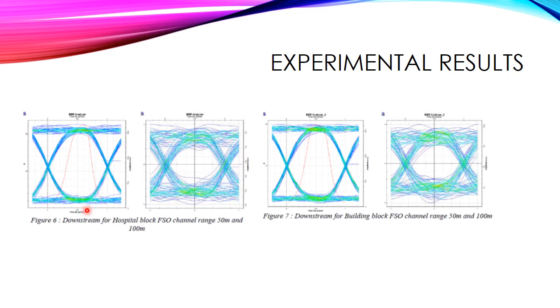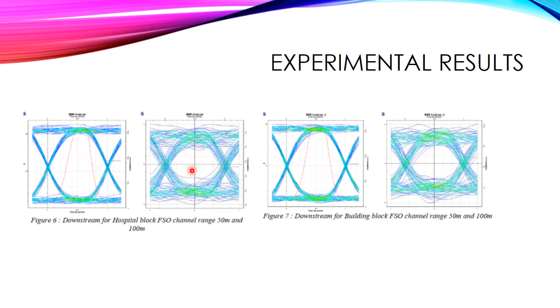So you can see that with the 50 meters the eye diagram is very clear and very wide, eye opening, and at the 100 meters range the signal has started to degrade, but still we are having good performance, because here the bit error rate is of the order of 10 to the power minus 10.